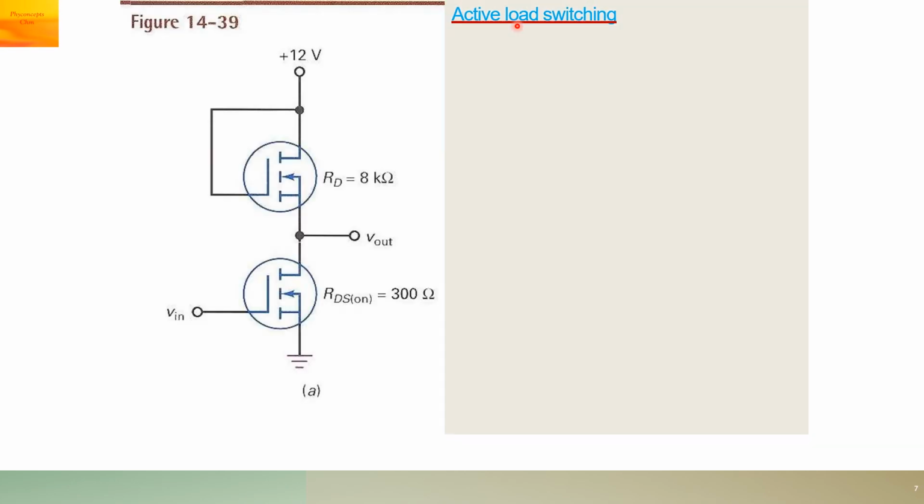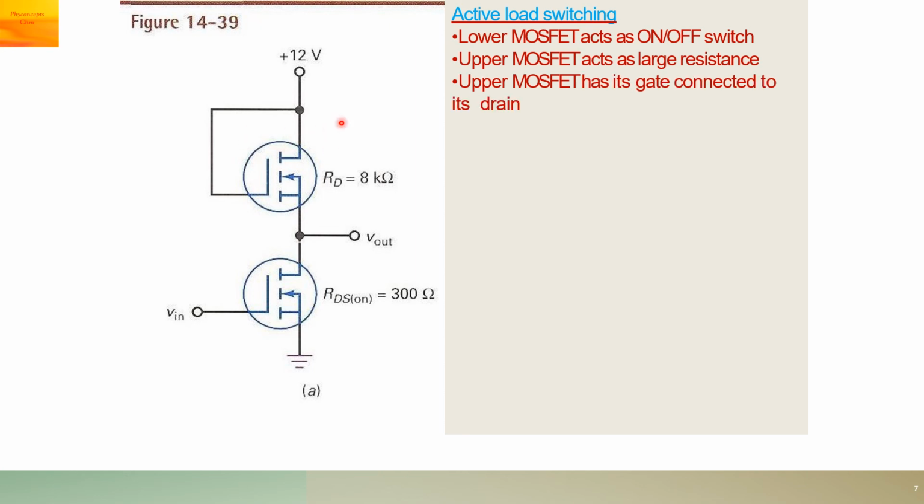Active load switching. This is the circuit diagram. Here the lower MOSFET acts as an on-off switch, and the upper MOSFET will act as a large resistance. The upper MOSFET has its gate connected to its drain.